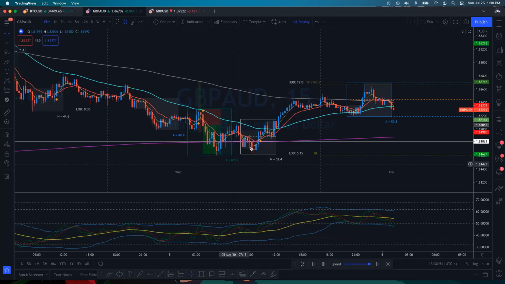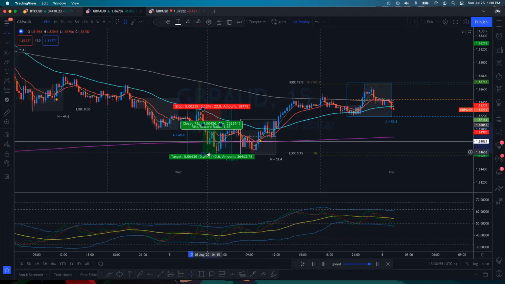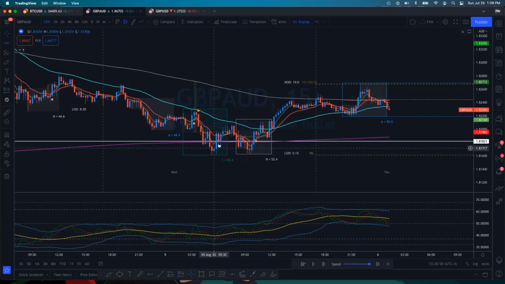Right, we ended up getting a multi-session, type 1 actually. Multi-session type 1. And the US session.